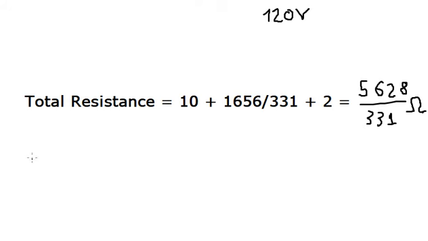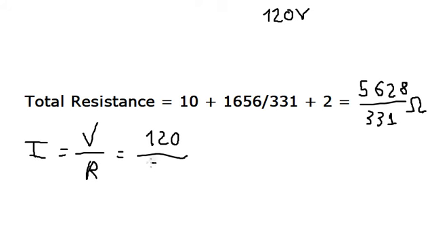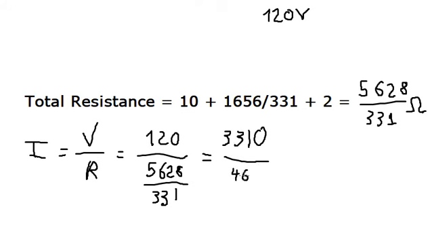Now we need to find I equal to V divided by R. V we got 120. The total resistance we just calculated in here. We got 3,300 and number 10 over 469 ampere.